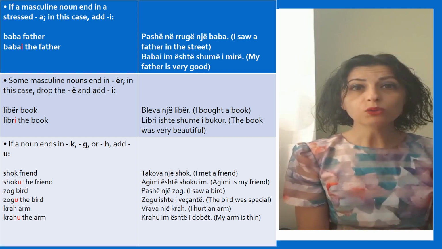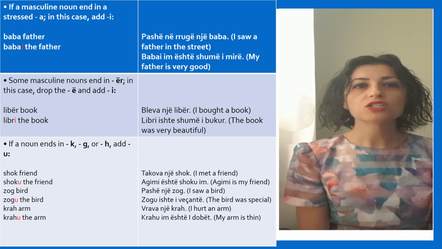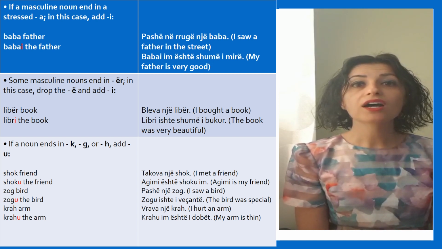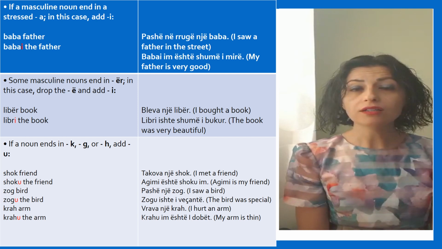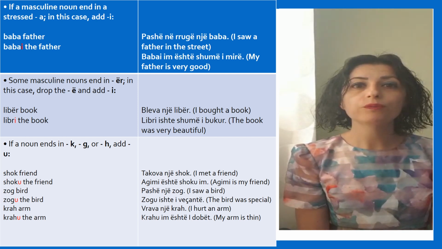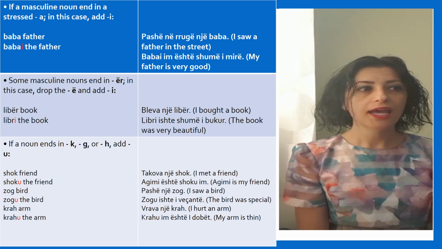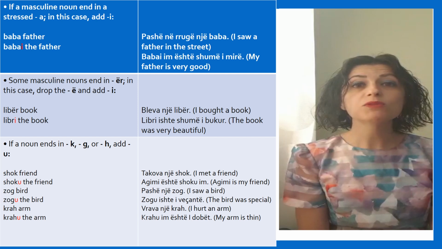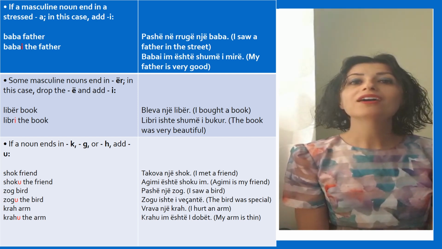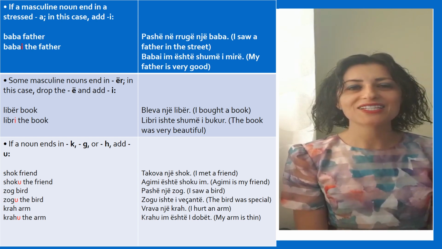So libër will become libri. And the last rule was for all the masculine nouns in singular, when they end with k, g, or h, then to make the definite form, you have to add u. So shok will become shoku, and zog will become zogu. And the last one, krah, will become krahu. And we saw all the examples in this case.